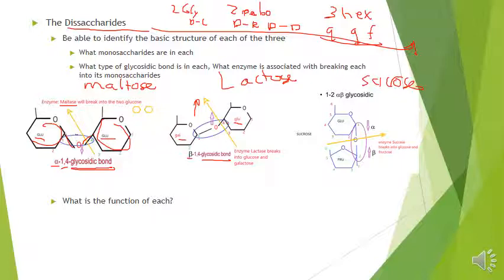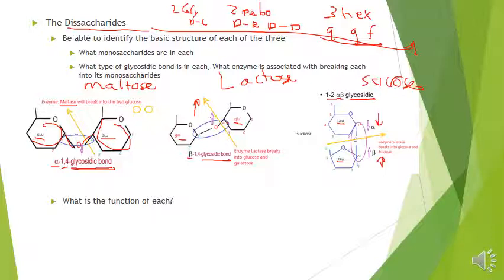Sucrose has a glucose and a fructose, and they're attached top to bottom in a sense, with one bond pointing down and a bond pointing up, connected between the 1 carbon and the 2 carbon. So we call it 1, 2, going down, going up. So a 1, 2 alpha beta glycosidic bond.